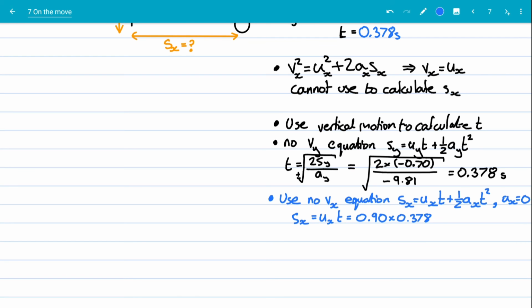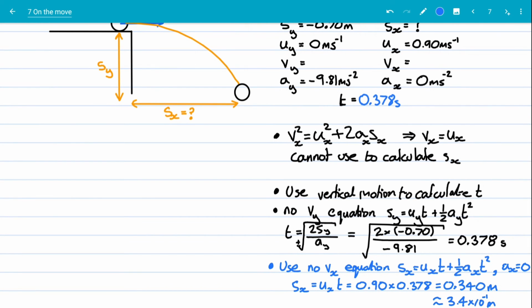We get 34 centimeters equals 0.340 meters, about equal to 3.4 times 10 to the negative 1 meters. And that's it. That's how you do a horizontal projection.